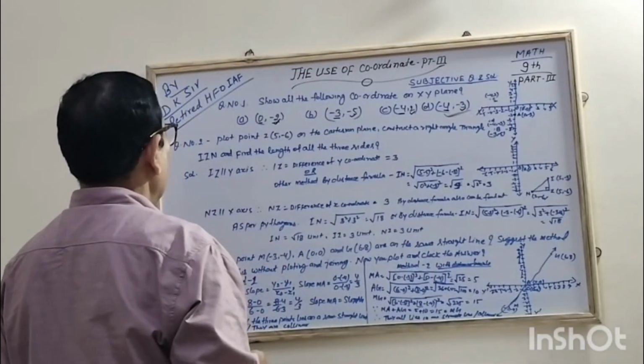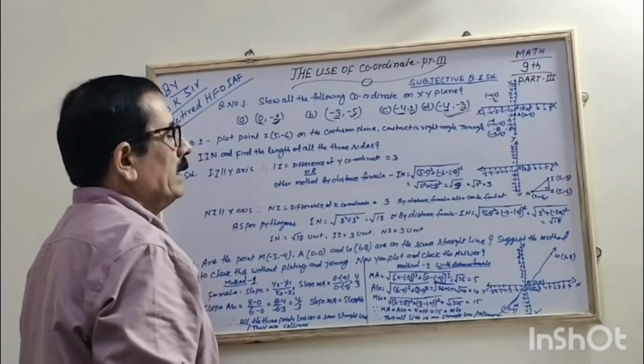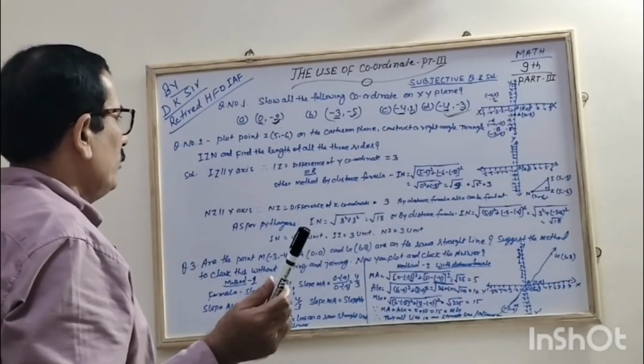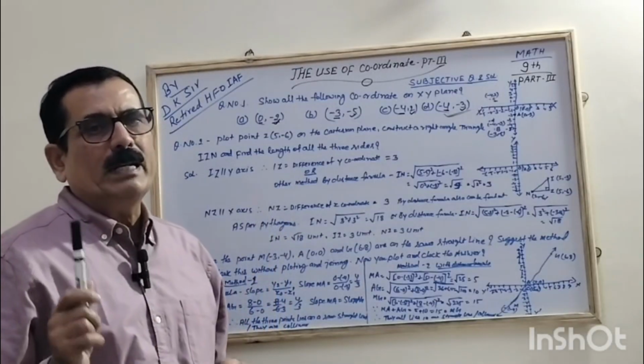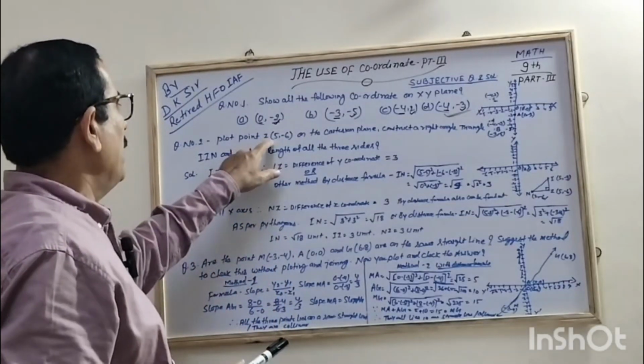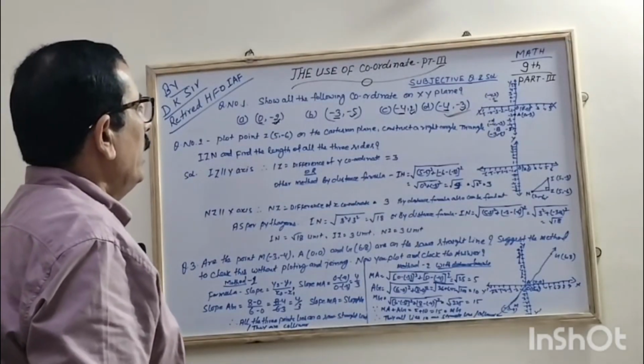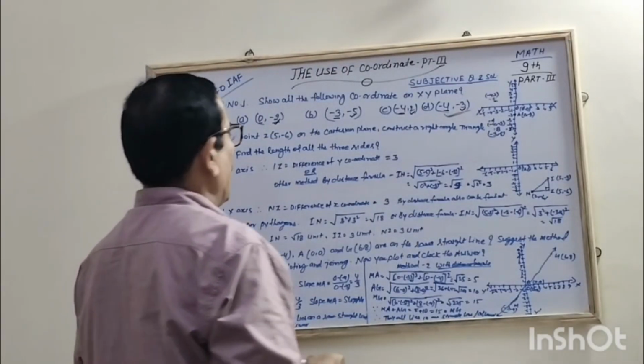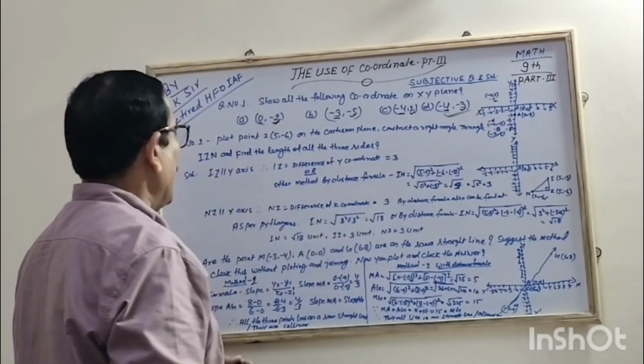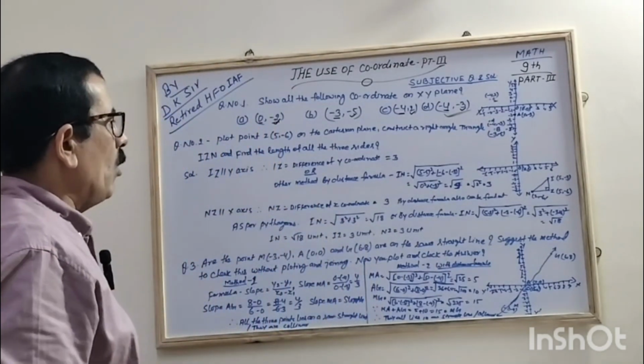The second question: plot the point Z. We have to plot a point Z whose coordinates are given, that is 5 and minus 6, on the Cartesian plane. Construct a right angle triangle IZN and find the length of all the 3 sides, correct?